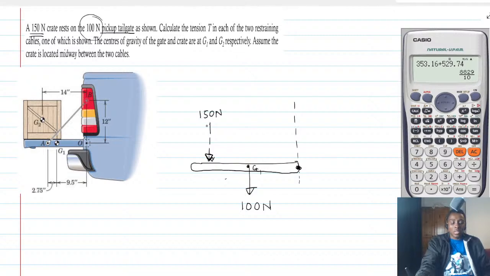150 newtons. Alright. So essentially what we have here is a free body diagram of the pickup tailgate.